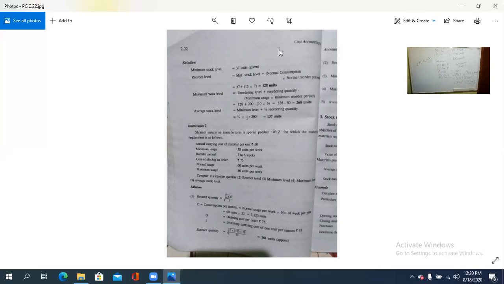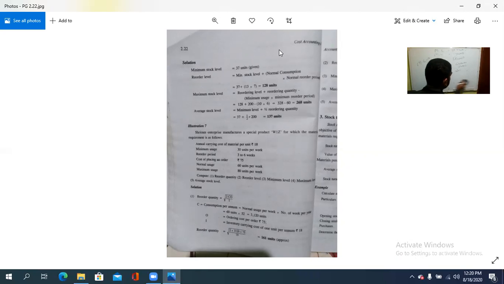So reorder level is 128 units. Then we need to see the maximum stock level.